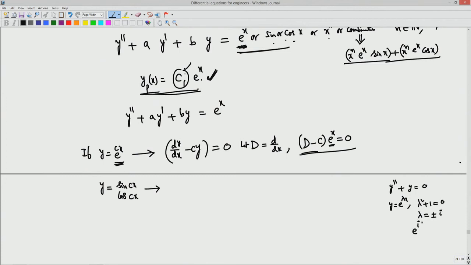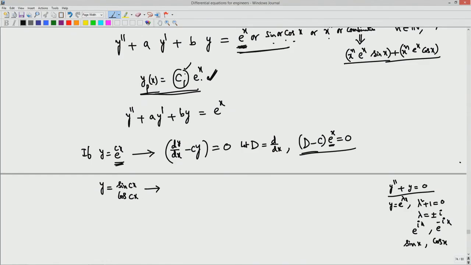So e power ix is one solution, e power minus ix is another solution. They are linearly independent, and in the same way sin x and cos x are linearly independent solutions of this differential equation. That will tell you what sin cx and cos cx should be.